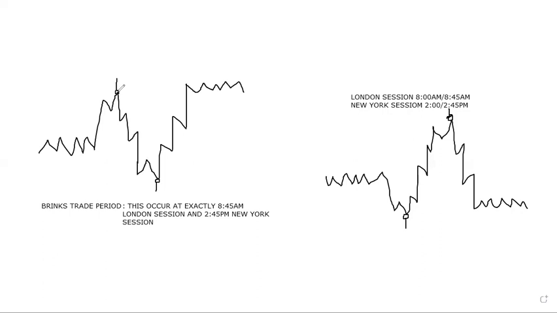So these are Brinks trades. If the second leg forms at around 8:45 a.m. London session, and you see this pin to the upside with a small body and a big wick like this, forming at around 8:45 a.m. London session, or at around 2:45 p.m. New York session, once this forms like this, it is a short trade.